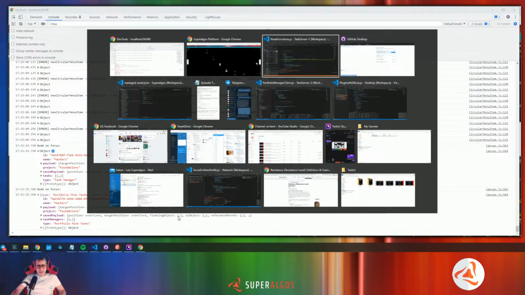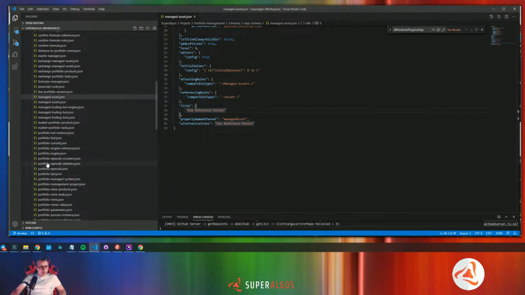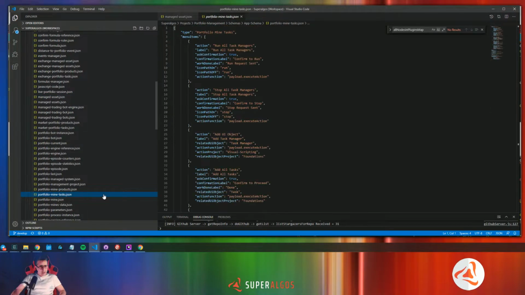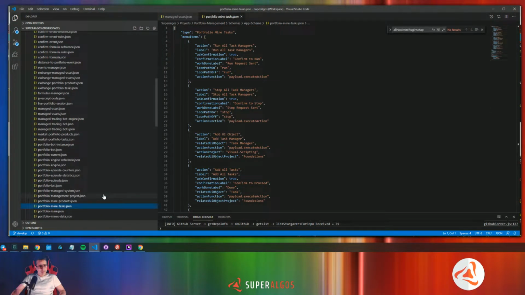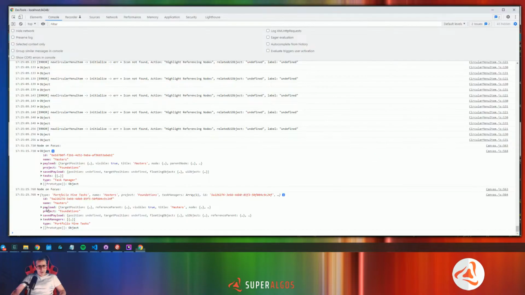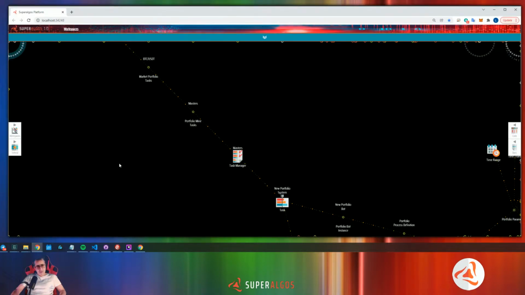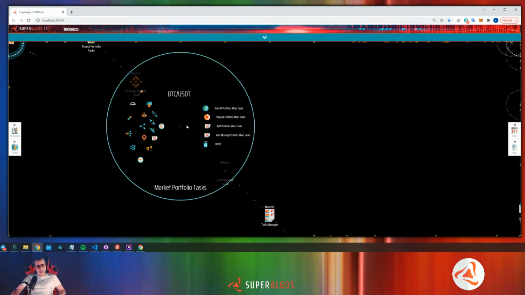Portfolio main tasks should be, it is a node from this guy. So there is a problem at the installation of the market where certain nodes are not set with the right project. For instance, this one and this one too.